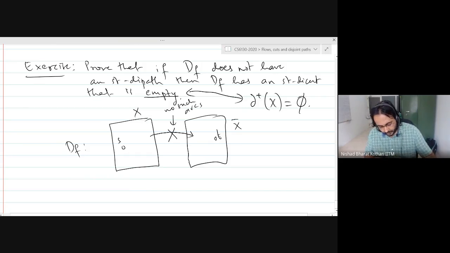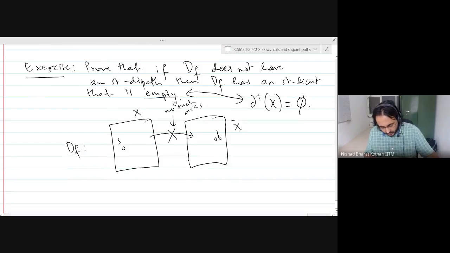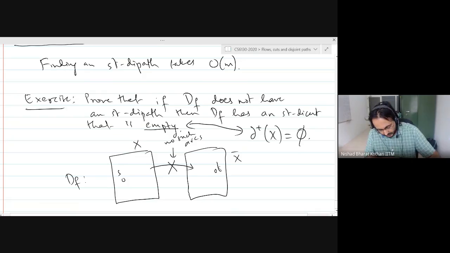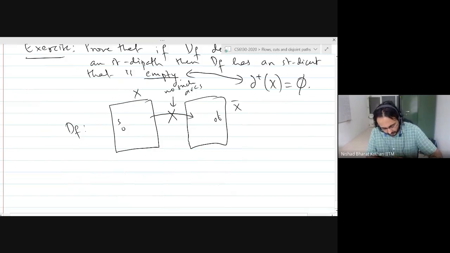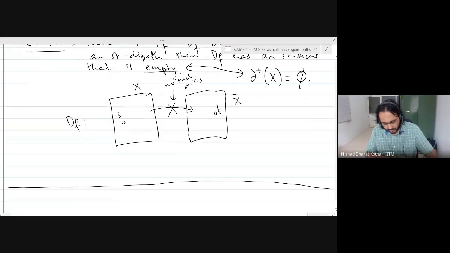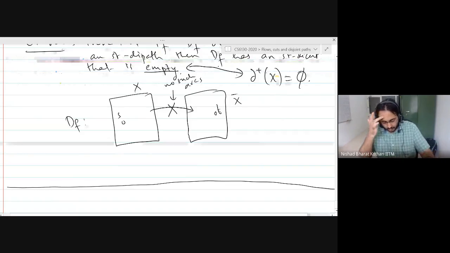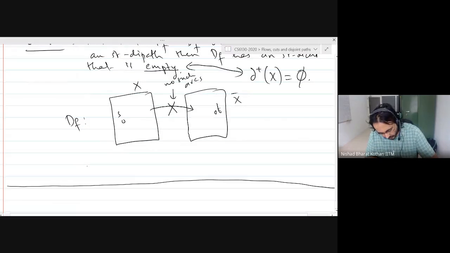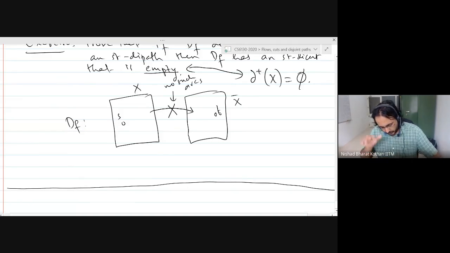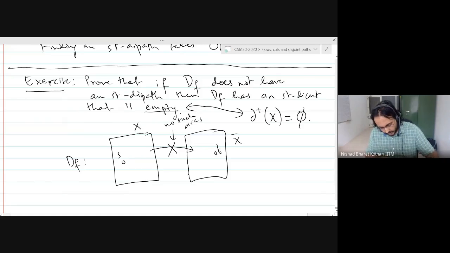Okay, so the exercise actually starts here. And you also need to, this might even be on the assignment, I'm not sure. I'm still to prepare the assignment. Okay, so you will find an ST dicut that is empty.